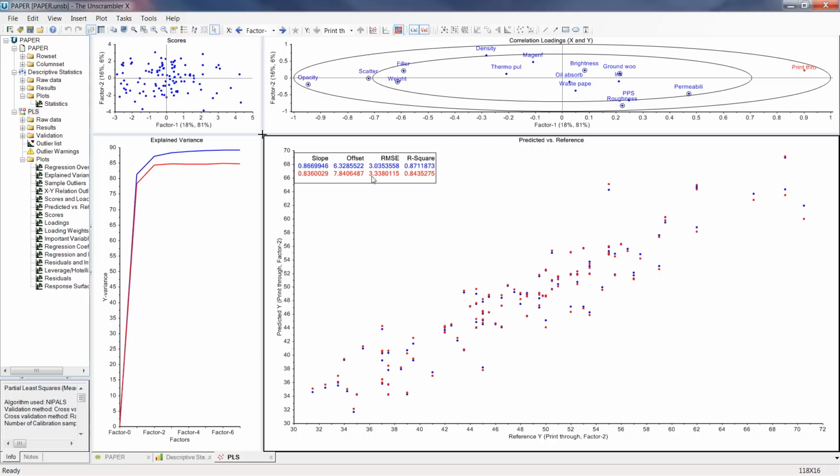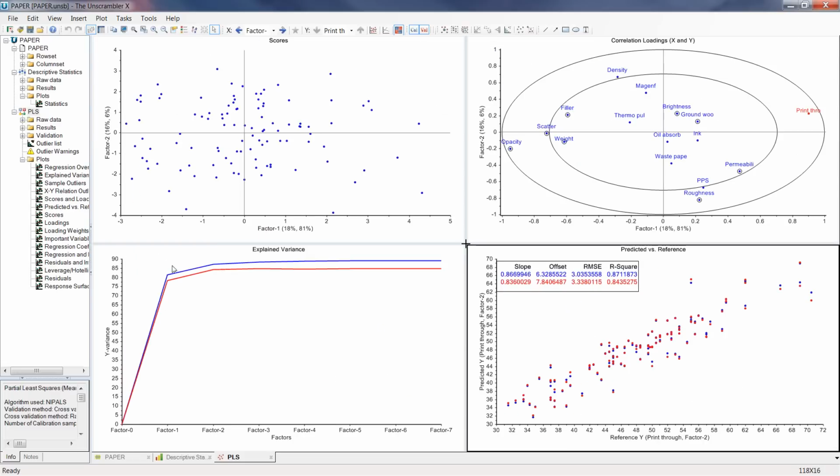If you look at your RMSE and you compare it to your reference, you've got about a 5% error or so, which really isn't that bad, and a decent slope.